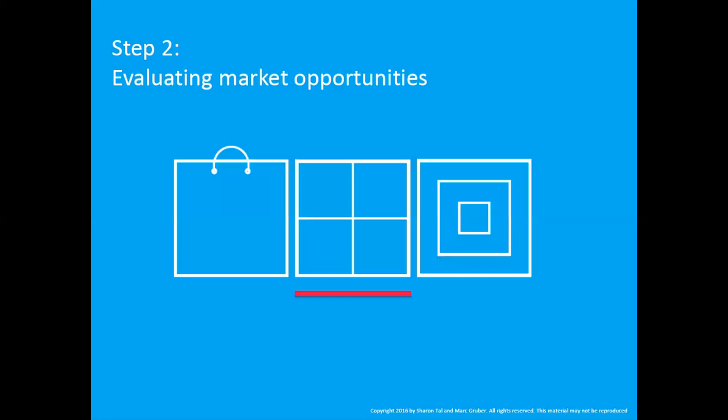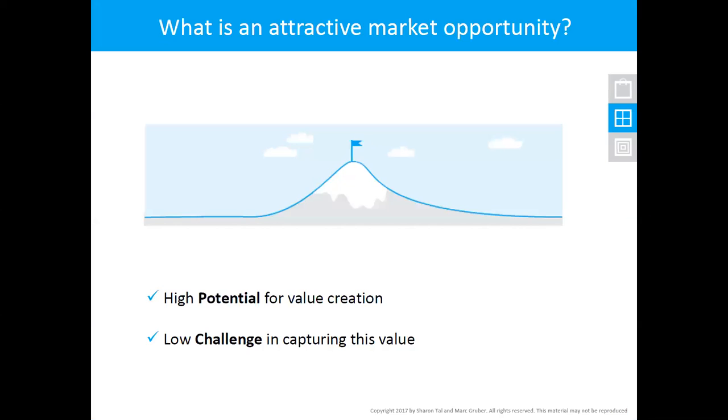So that is where the second step comes in. It's about evaluating market opportunities for your business. What is an attractive market opportunity? We like to think of market opportunities as mountains. What we are looking for is a high mountain, meaning a mountain that bears high potential to create value.